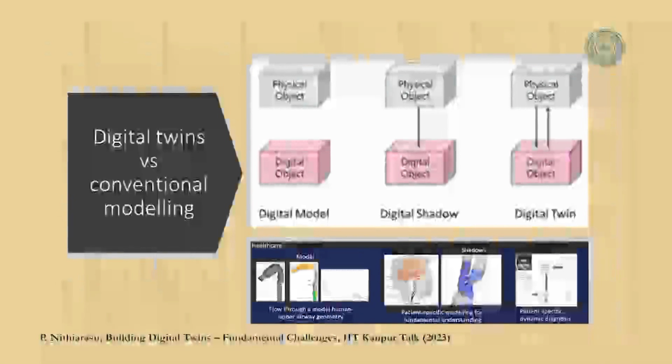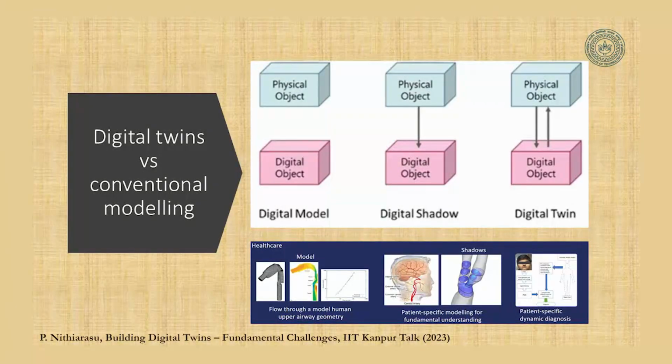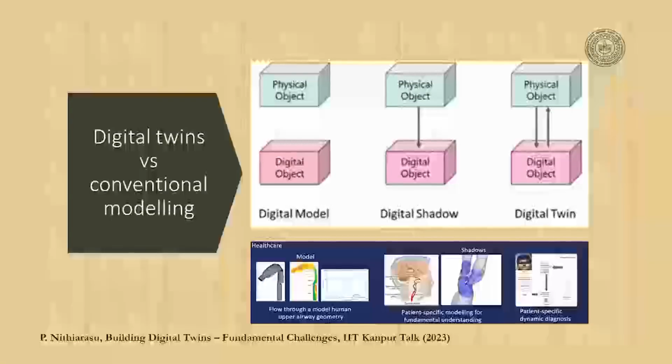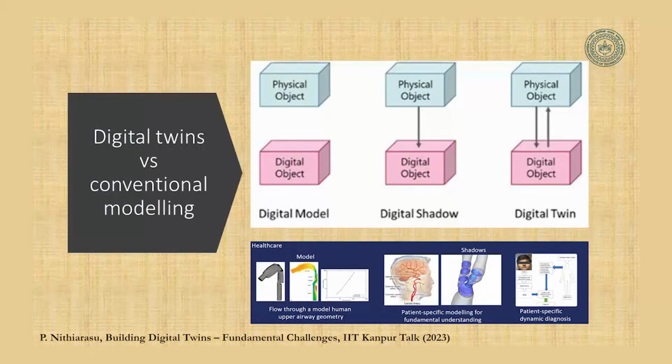Now, if we create a twin, then what it will do is it will take this patient data in and it will take this model in and then do the diagnosis based on that dynamically in real time.